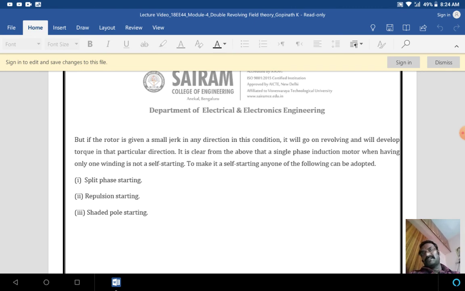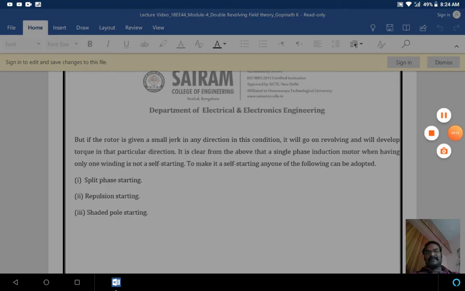When we go for three phase induction motors, a rotating magnetic field is generated, and there the self starting is initiated. But in the case of single phase induction motors, because of the double revolving field and the single winding, the motor will not be self starting, and we need some arrangement to start the motor rotating. Thank you.